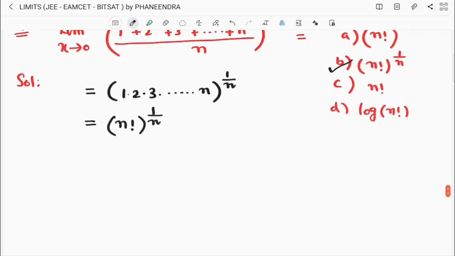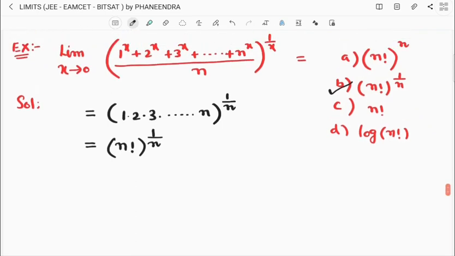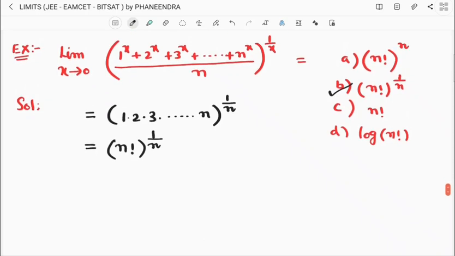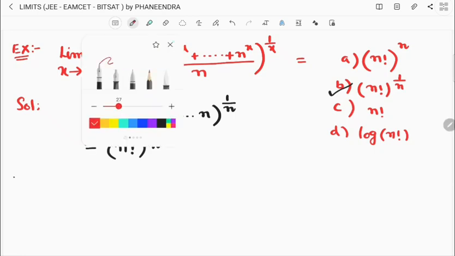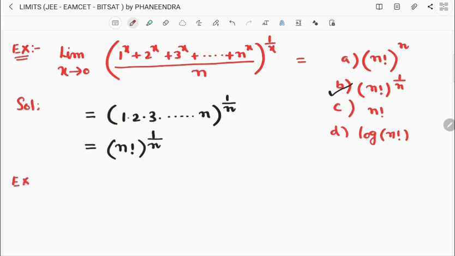Suppose for example only two terms are there, a power x plus b power x, limit x tends to 0. So you will get root ab or ab whole power 1 by 2. Limit x tends to 0, (a power x plus b power x) divided by 2, whole power 1 by x is there.